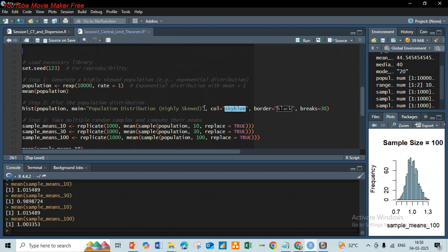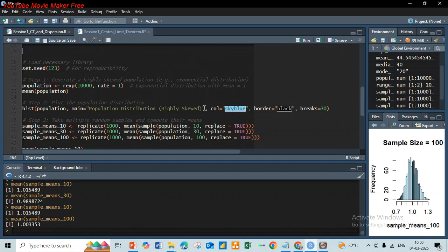So if we take 1,000 samples from a population and if we compute the means of each of those 1,000 samples and we plot the frequency distribution of those means, then the resultant distribution that we will get is a normal distribution.